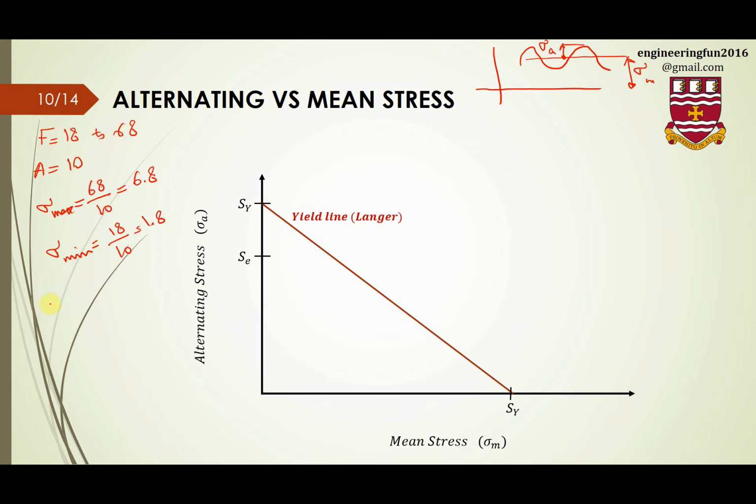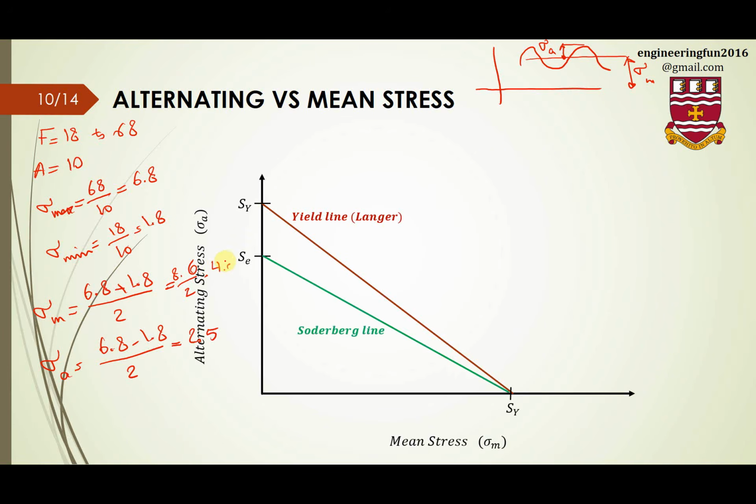So this is minimum, maximum. I'm gonna find average stress, which is the average between these two, and I'm gonna find alternating stress, which is the absolute value of the difference between these two, divided by 2. This is easier. That will be 5 over 2, 2.5. And the average will be 8.6 over 2, 4.3.